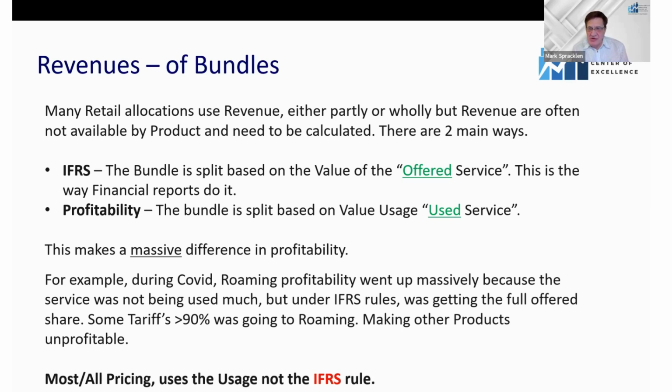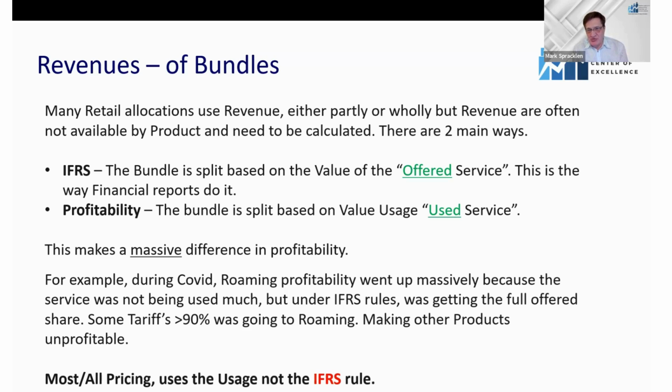And this is where we came across a problem a couple of years ago, that there's a new rule in IFRS, I think it's 15 now, that you need to split the bundle based on the value of the services that are being offered. So, for example, what I mean by that is if you've been offered 10 gigabytes worth of data, the IFRS rules say you have to apportion 10 gigabytes worth of revenue to that customer for the service that they've been offered.